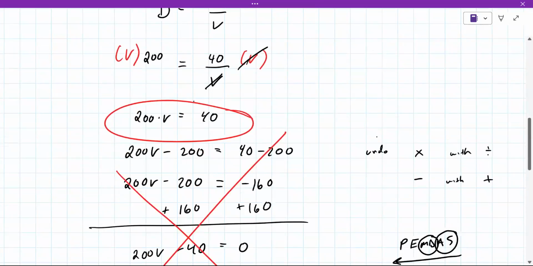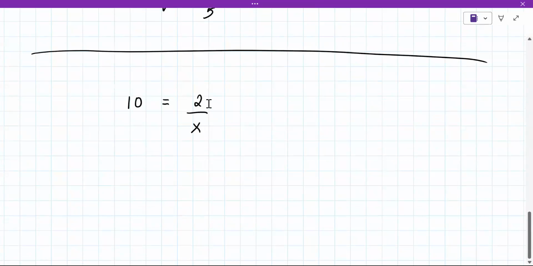So to get a variable out of the bottom, what do you multiply by in this case? What should you multiply both sides of the equation by? You multiply by the variable. What is the variable in this problem? Which letter is the variable?